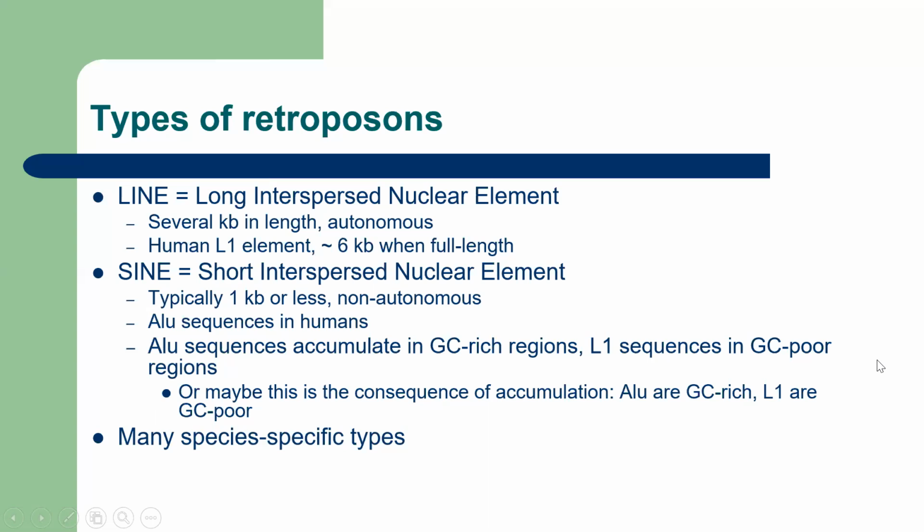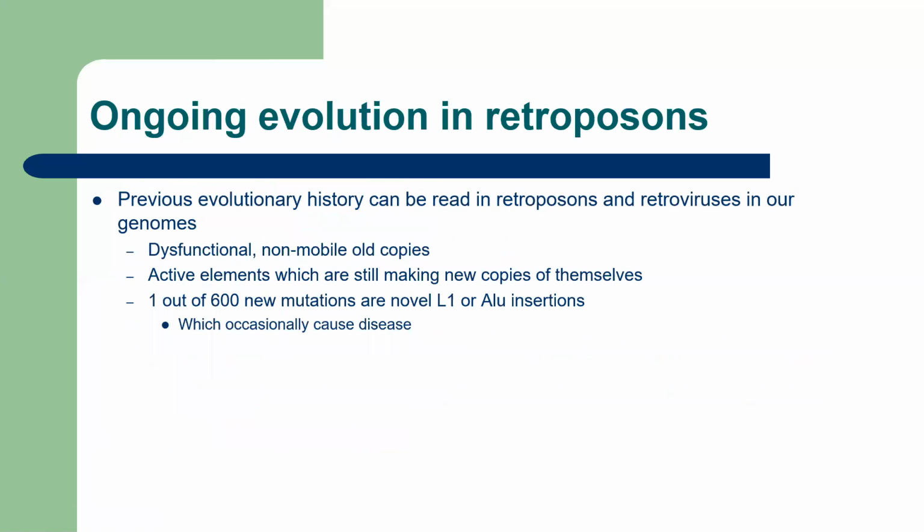Do we have the sequences accumulating near other ALU regions because they already have some retro element recognition sequences there? Or is there an original start of GC-rich and GC-poor? But the fact is that the ALU sequences themselves are GC-rich, and the L1 elements are AT-rich or GC-poor. Okay, and these are the names of the elements in human, and in other species we have other kinds of retro elements.